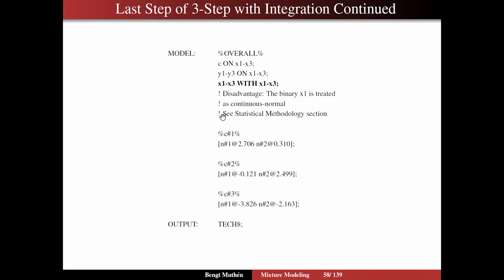It's not a big disadvantage, but it is an issue you should be aware of, and an issue that's avoided by multiple imputation. We have then the familiar fixing of the nominal most likely class variable at these different logit values. So that's 3-step with integration.